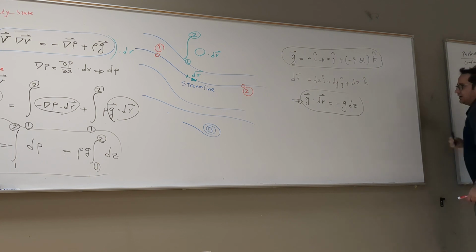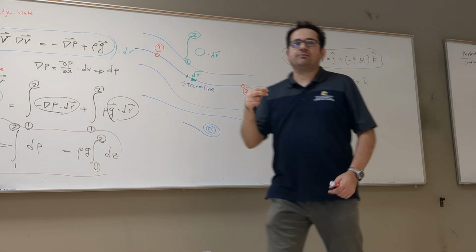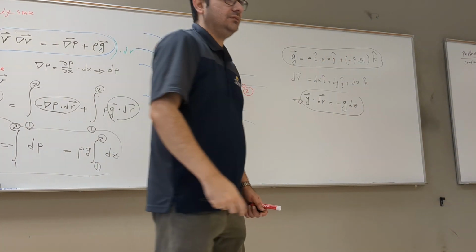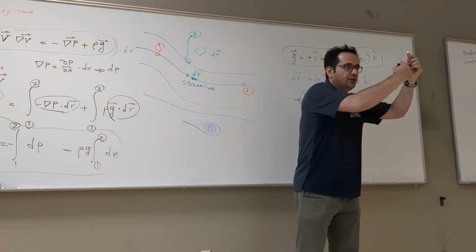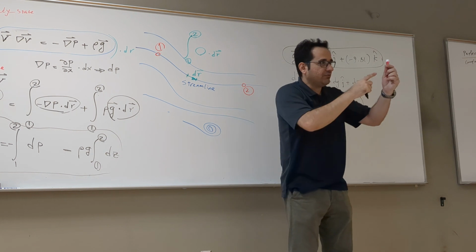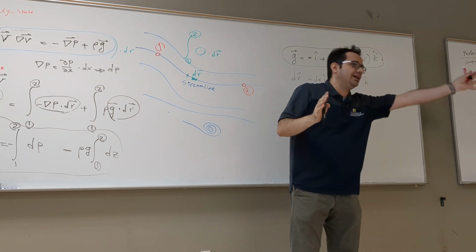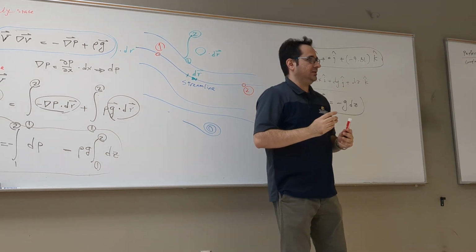That means the integral is path independent. Integrating between two points, it doesn't matter if you go this way or this way or this way. The end result only depends on the end minus the beginning. It doesn't depend on the path.